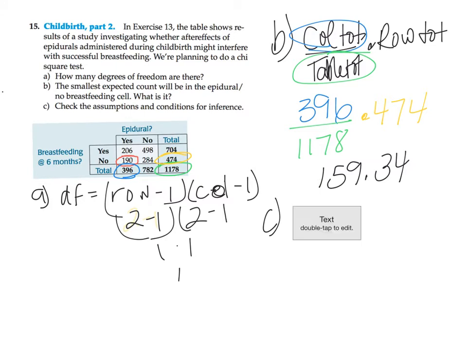And part C says check the assumptions and conditions for inference. So I realize my handwriting is terrible, so I'll type a few of these out. Data is in counts of a categorical variable.